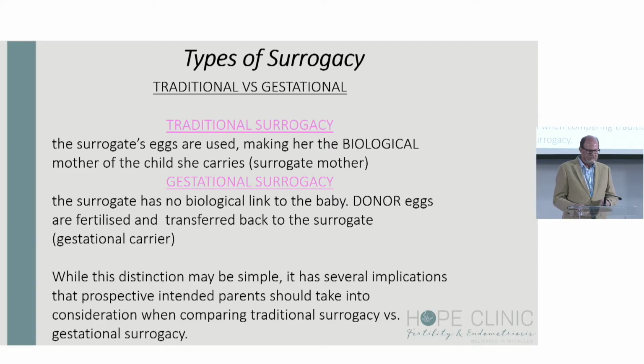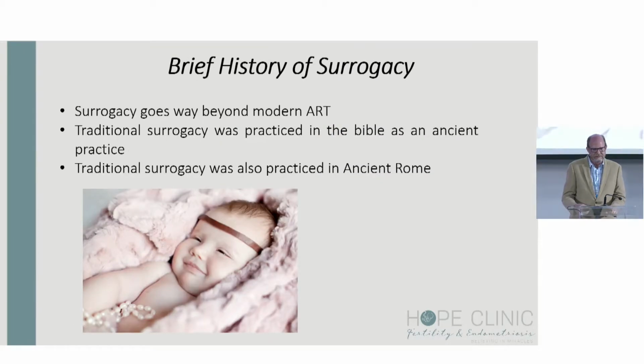So she's just carrying the baby up till birth. While this distinction may be simple, it has several implications that prospective intended parents should take into consideration when comparing traditional versus gestational surrogacy.